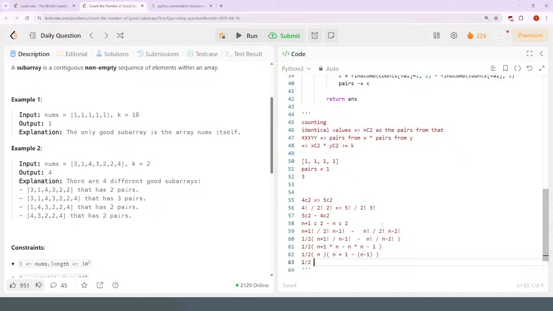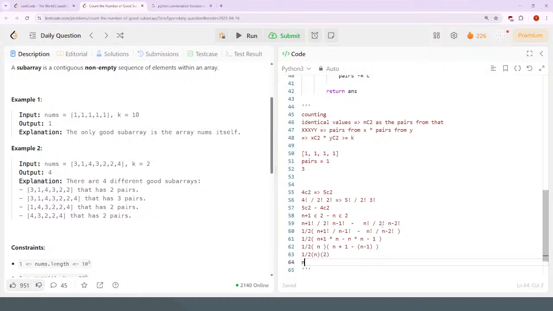So it'd be 1/2 n times 2, the ends cancel, 1 minus negative 1 is 2. So n. Oh my god. So n? Doesn't seem right. 1 minus negative 1 is 2. Yeah, it's n.